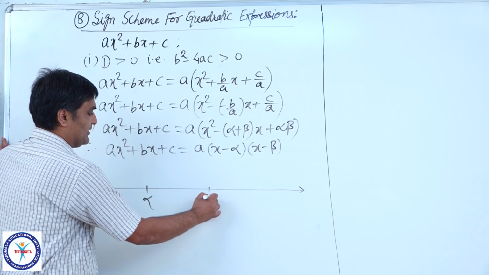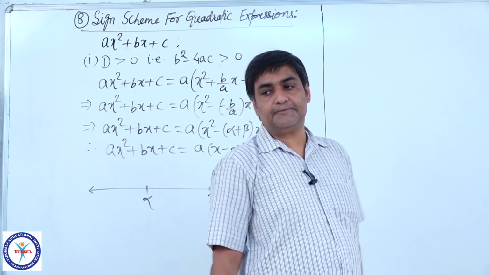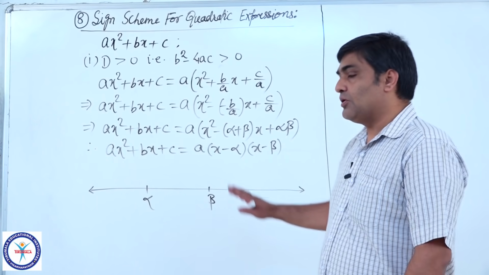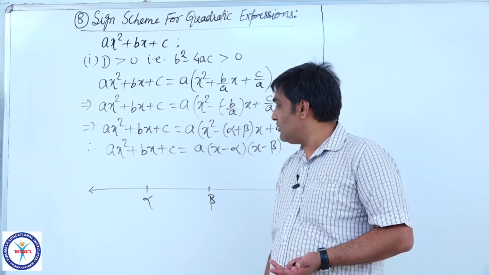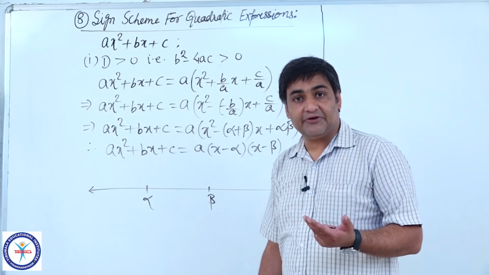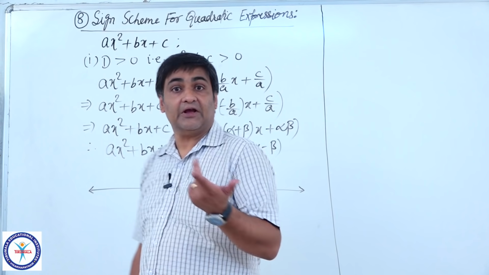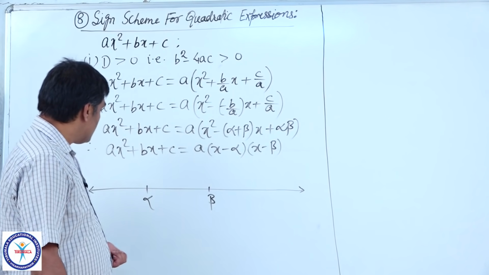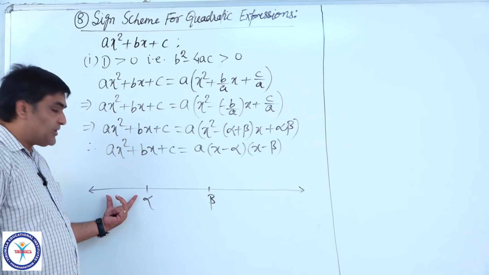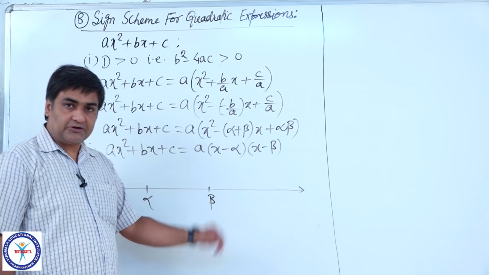Say alpha is here, beta is here. Two roots are there on the number line. Now sign scheme means for which values of x the expression is positive, or for what values of x the expression is negative. So now the number line has been divided into three parts.